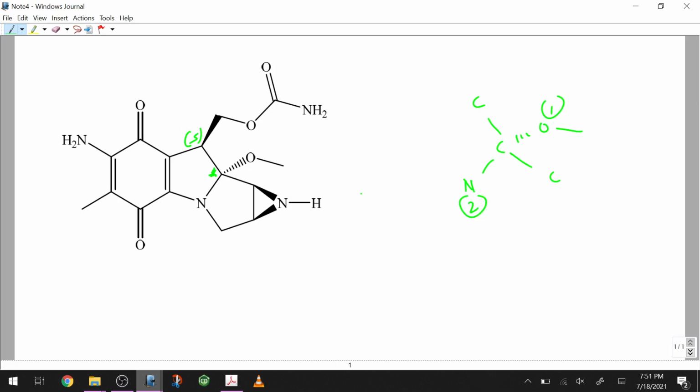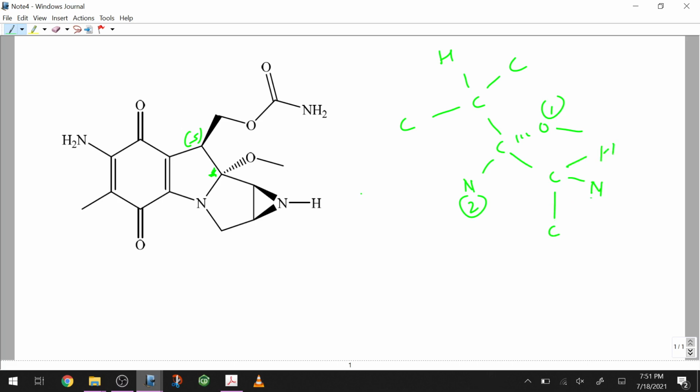And then what's priority 3 and what's priority 4 here? So up here I have a carbon, a hydrogen, and another carbon. That's my carbon labeled S there. Down here to the bottom left, I have a nitrogen, another carbon, hydrogen.